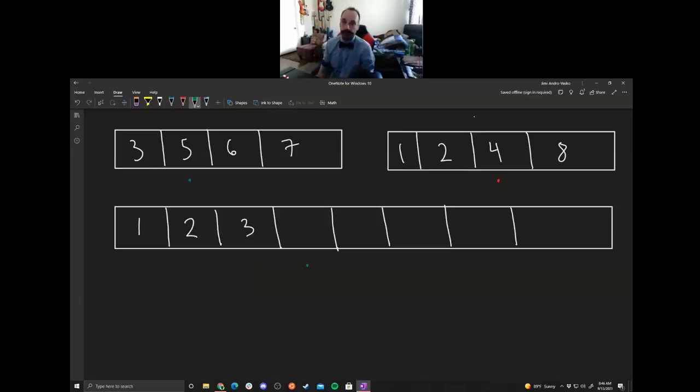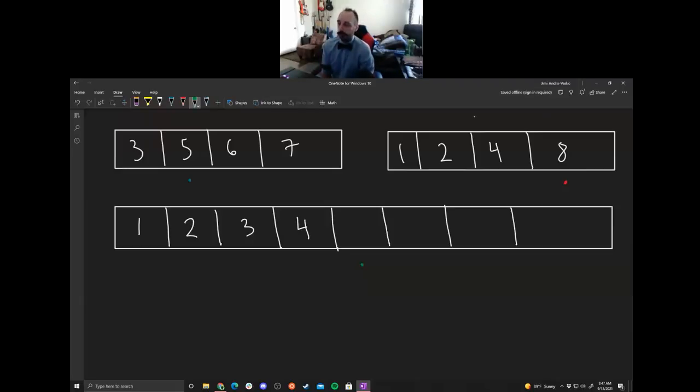Let me check once again, the blue or red. The red element contains 4, which is smaller, so write the 4 into this larger array. Let me move this over by 1, and move this over by 1 as well. And then we're going to, again, compare.